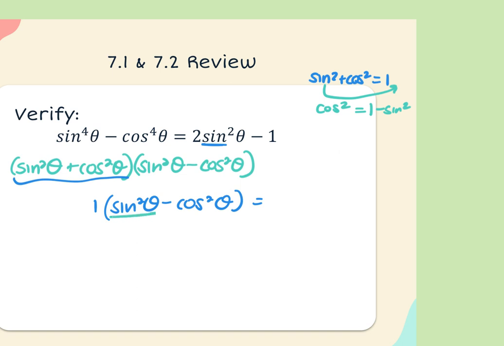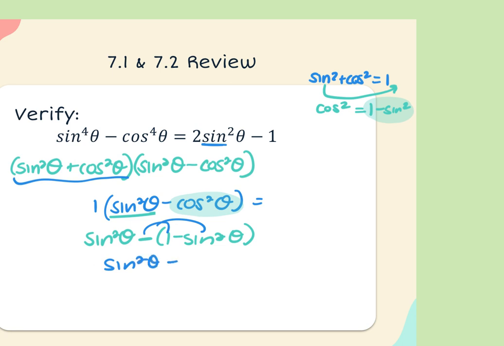So then this sine squared stays as sine squared, minus cosine squared in here is going to get replaced with 1 minus sine squared. That negative goes to both. So I get sine squared theta minus 1 plus sine squared theta.